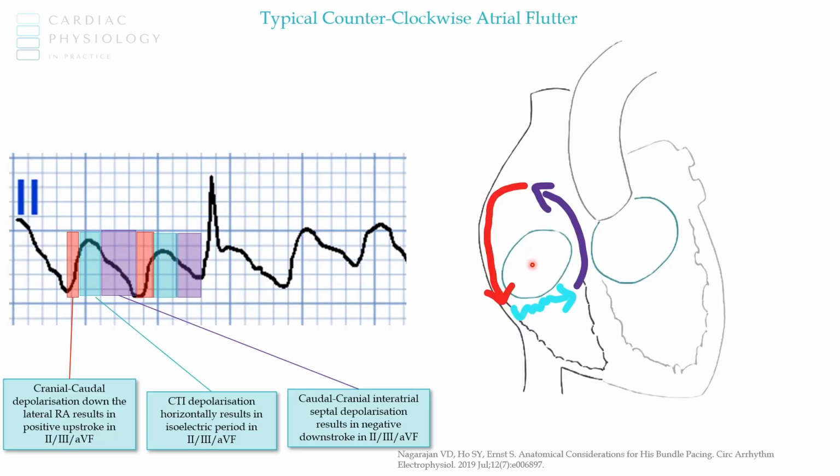In the inferior leads, depolarization goes from the roof of the right atrium down the lateral wall towards the cavotricuspid isthmus region. This up to down depolarization moves with lead 2. So if you imagine lead 2 goes from the right arm to the left arm, anything that moves with this vector will be positive.